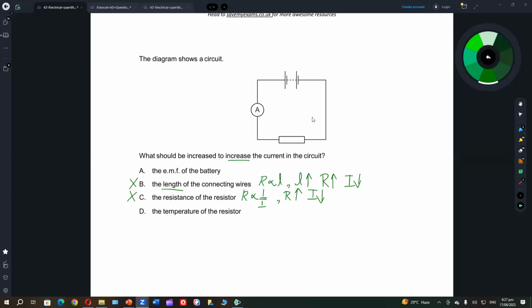In this method, you have to try all the options. A. A. Okay. So EMF is looking to be a good option.